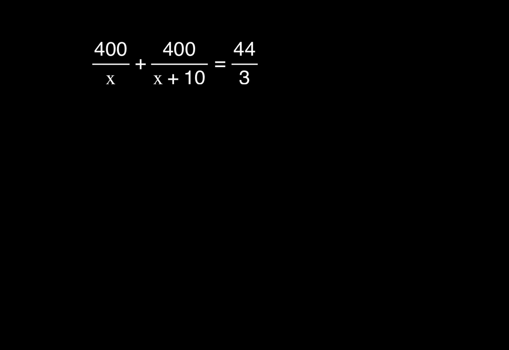And then we get slightly more complicated as our last problem for today. To do this, I need to have common denominators. My common denominator will have to have an x, it will have to have a 3, and it will have to have an x plus 10.